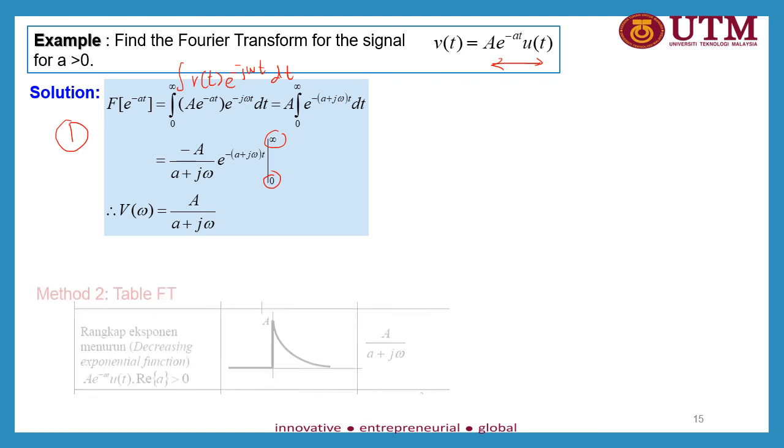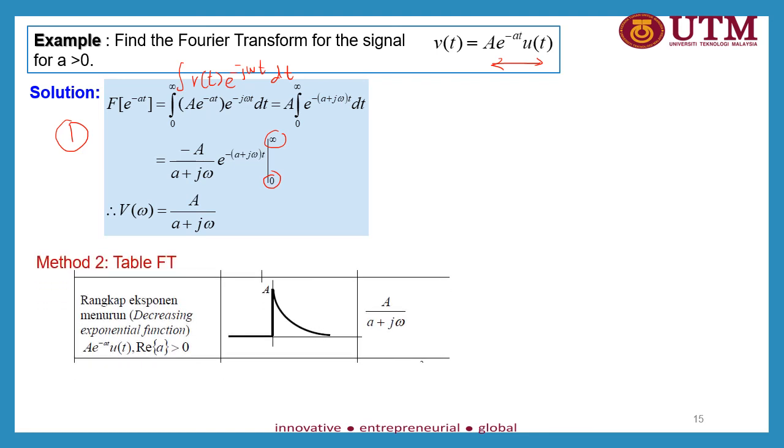Now let's look at the second method. From the Fourier transform table, look at the closest equation. Sometimes you may see from the table that it's A e to the minus a t only. Sometimes the equation may appear differently, for example like this. So you need to compare with the closest equation.